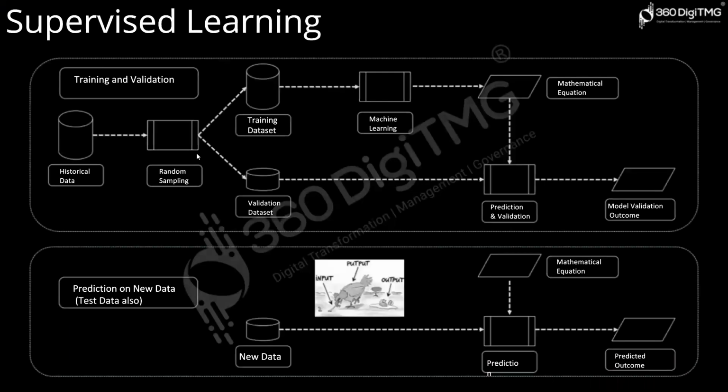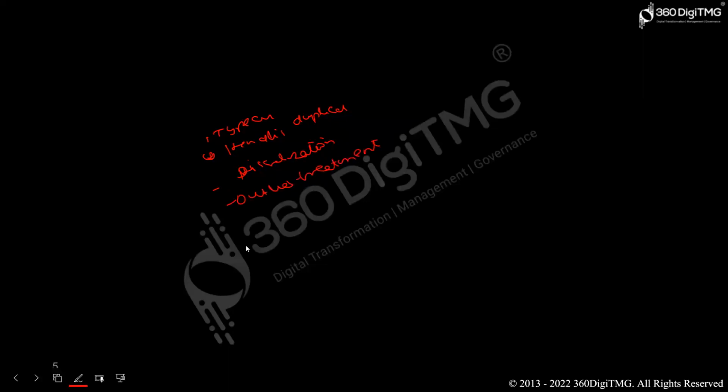So what are the techniques we discussed in data pre-processing? Typecasting, handling duplicates, discretization, outlier treatment. Then what else?